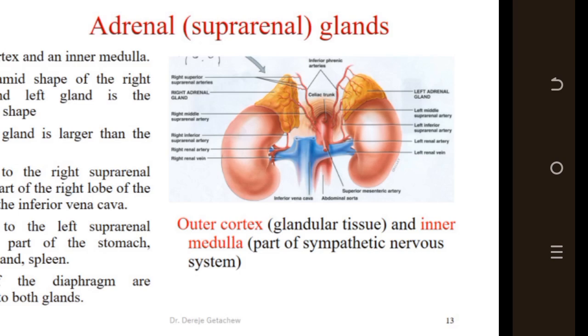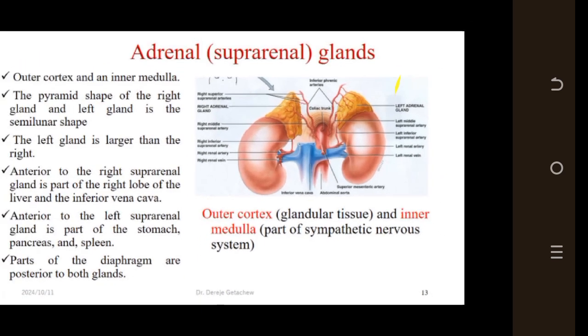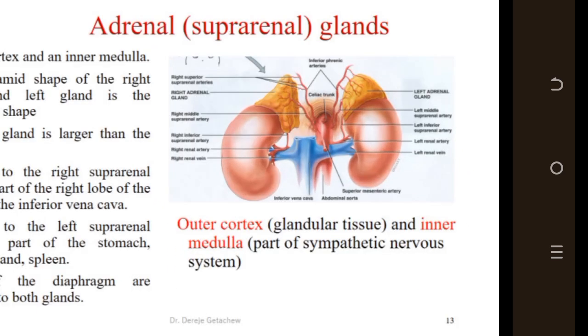The left gland, as you can see here, is larger than the right, and anterior to the right suprarenal gland is a part of the right lobe of liver and also the inferior vena cava. But anterior to the left suprarenal gland is a part of the stomach, the pancreas and the spleen, as we already saw while dealing with the anterior relation of the kidney.